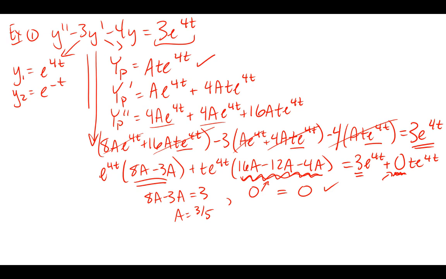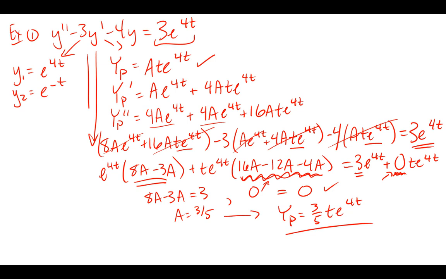So then I think that means we will have figured out that a particular solution is 3/5 te to the 4t. All right.